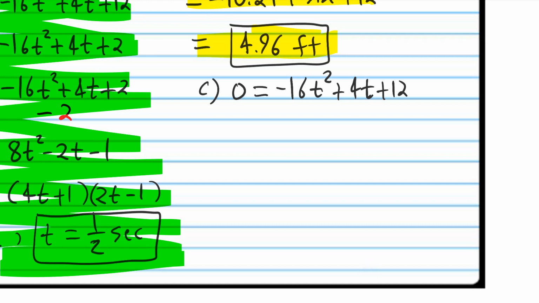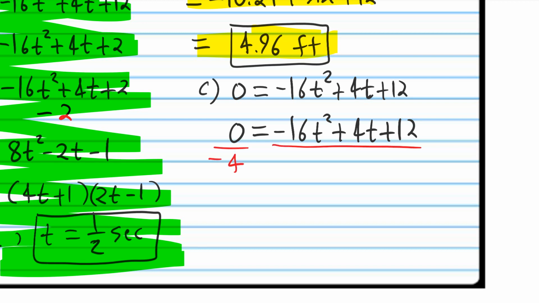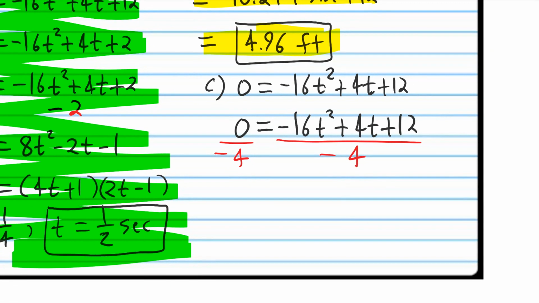So I'm going to divide both sides by -4. And let's see, that would be 4t squared, -t, 3.